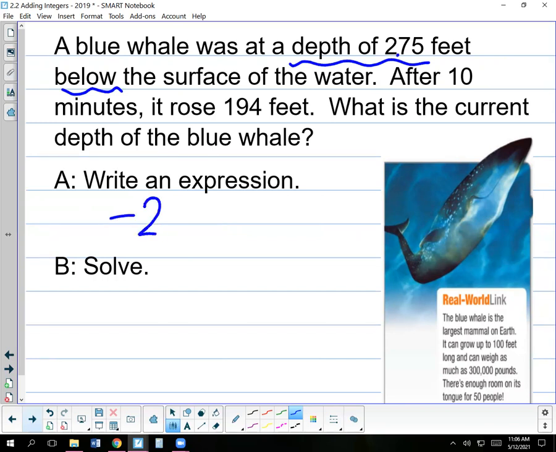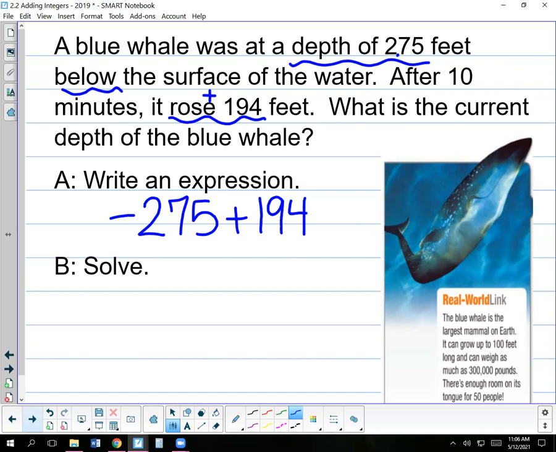My expression would be, it's at negative 275 feet. And then, what was that other word you saw? Rose. So this would be indicating a positive. So I don't have to write plus a positive. I can just write this. That's my expression.